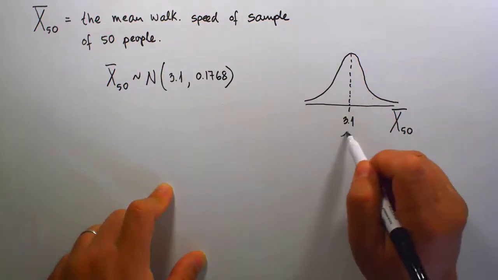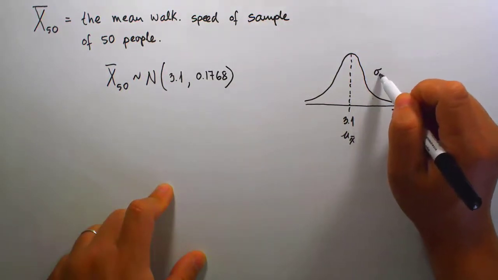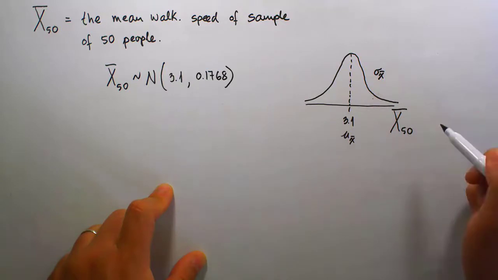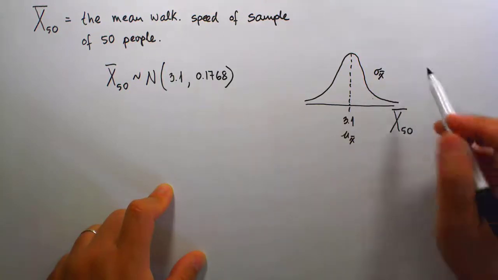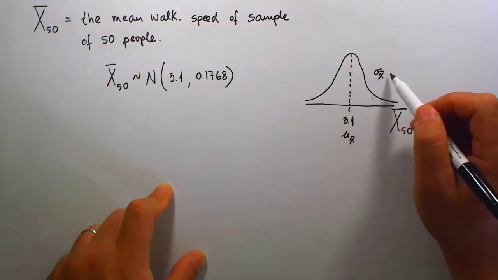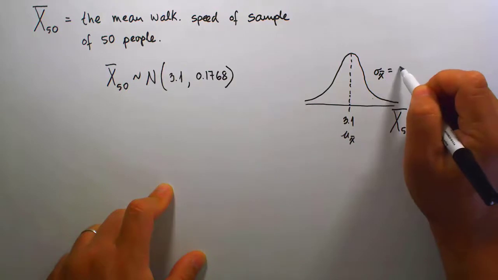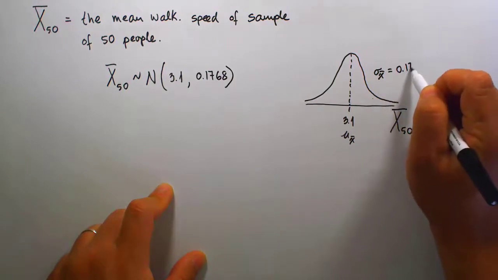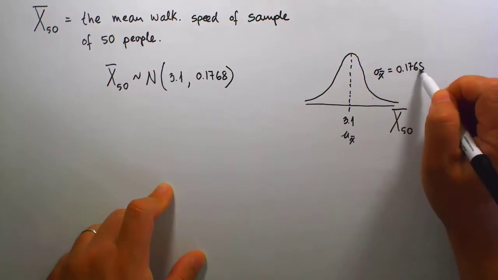This is mu x bar. Sigma x bar, we can never see drawn directly in the picture, but we can always note the sigma value next to any bell curve. The sigma value for this particular bell curve is 0.1768.